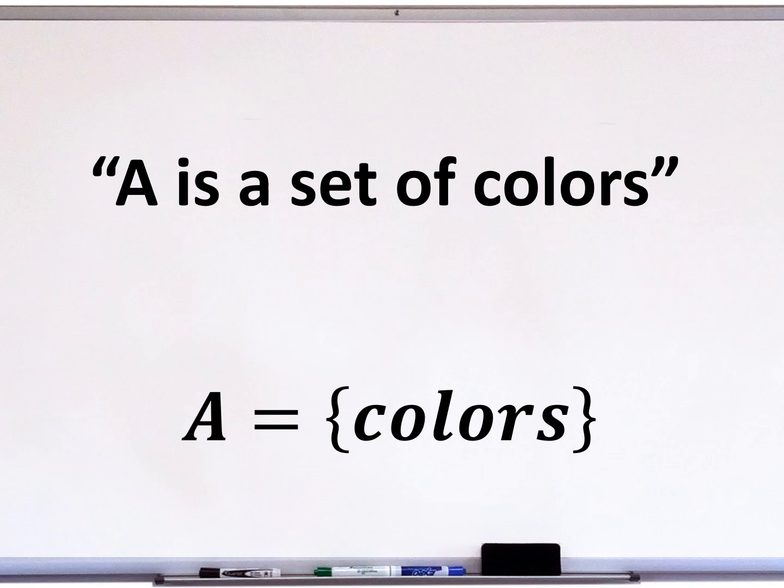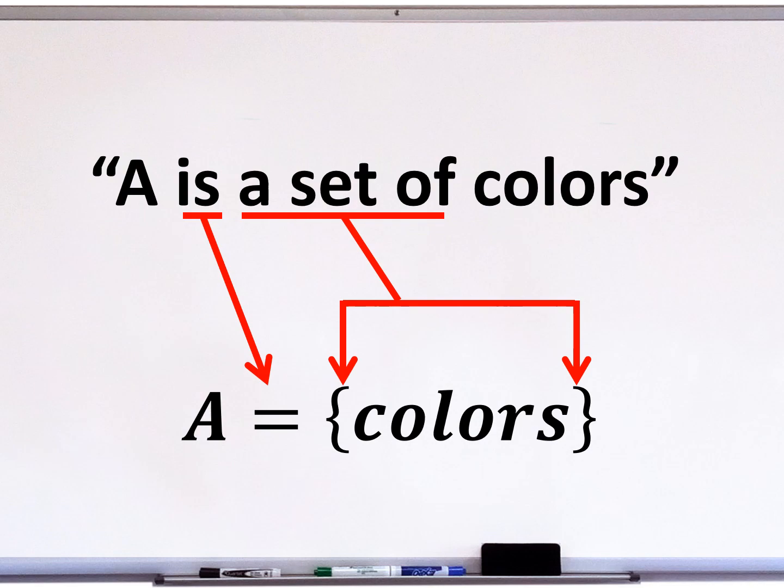So the word "is" is equivalent to the equal symbol, while "a set of" is for the given braces. If you're going to read the second statement, A is a set of colors. That is how you are going to write a specific phrase mathematically through the use of different math symbols.